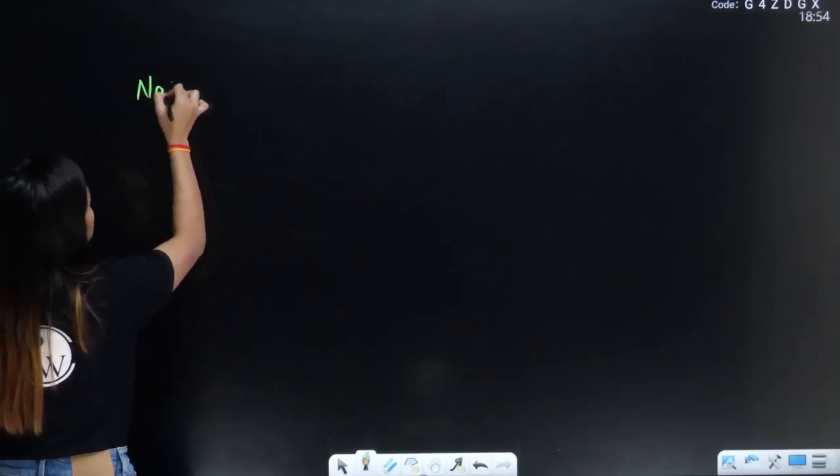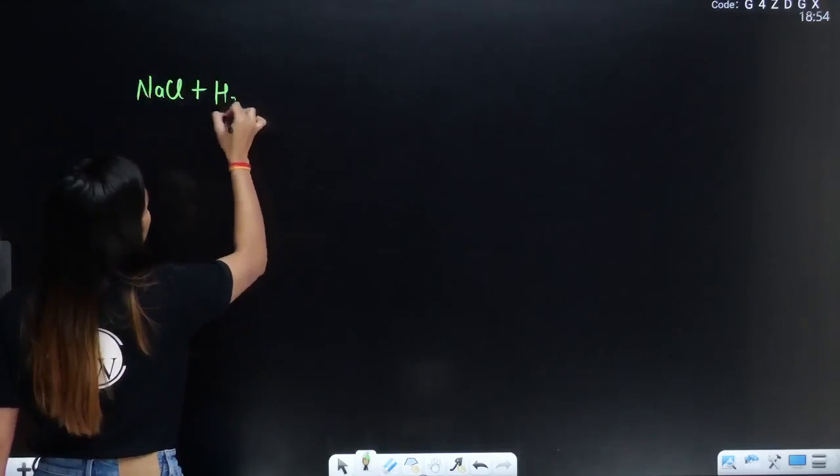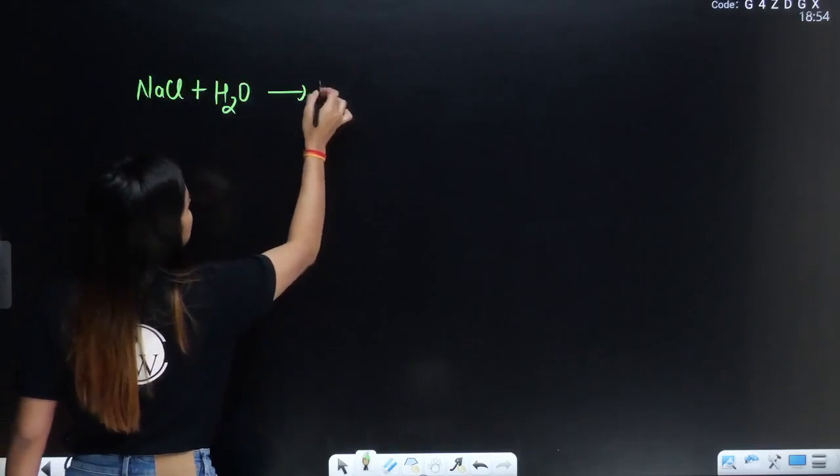Now let's move forward. My dear students, we've understood what solubility is and on what factors solubility depends. Now, you might have heard of a concept that like dissolves like. Let's understand that concept. I have salt, NaCl. If I dissolve salt in water, these are soluble.